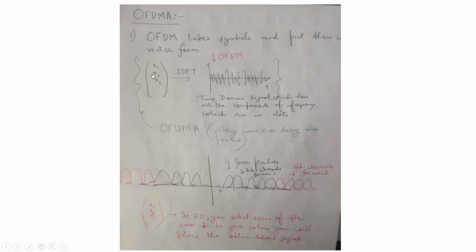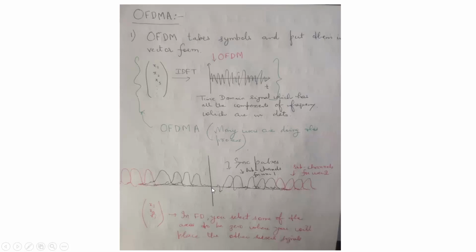So how do we give access to different users? Since the symbols are converted to vector form, some of the elements of the vector we will make 0, and we will try to adjust other users into those slots.